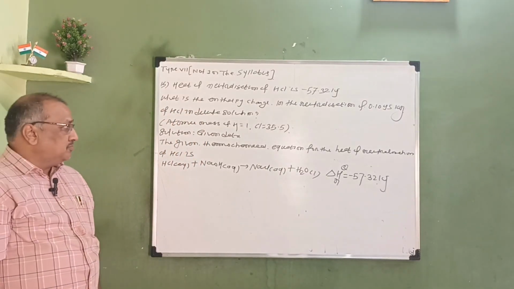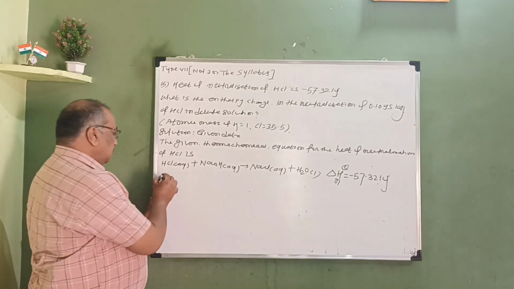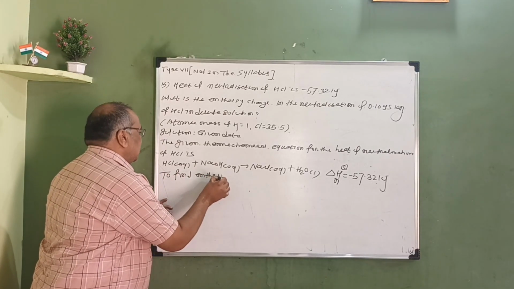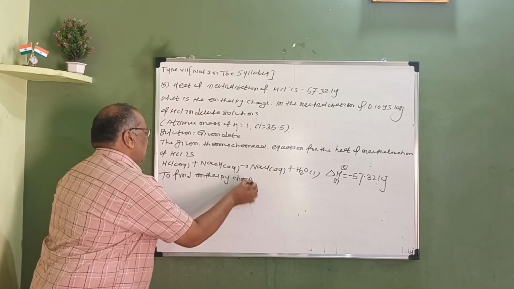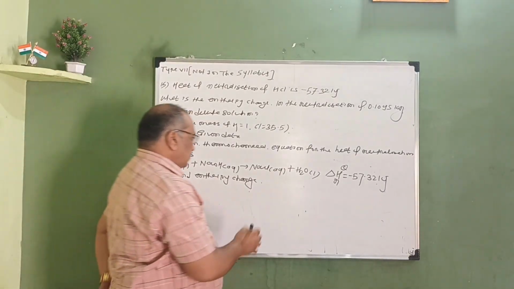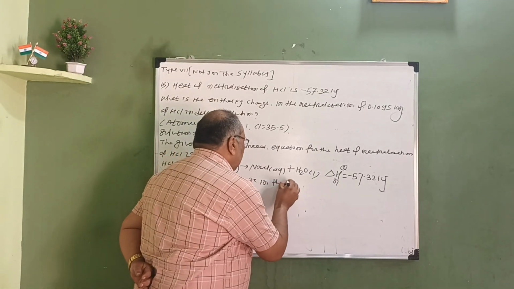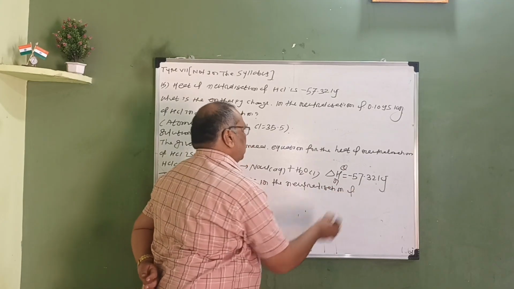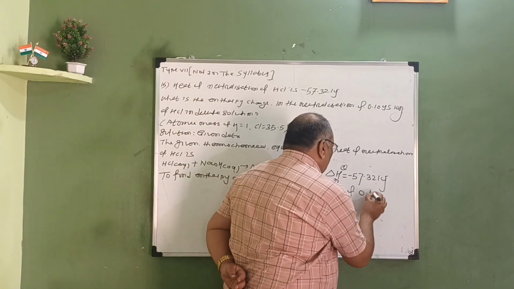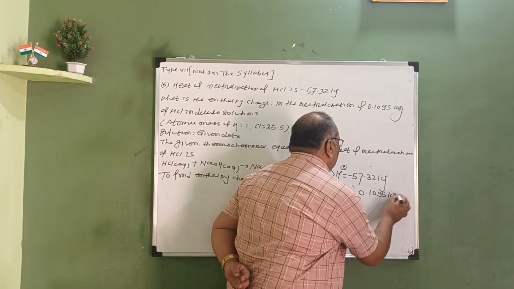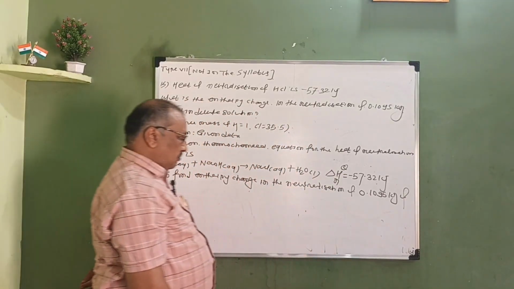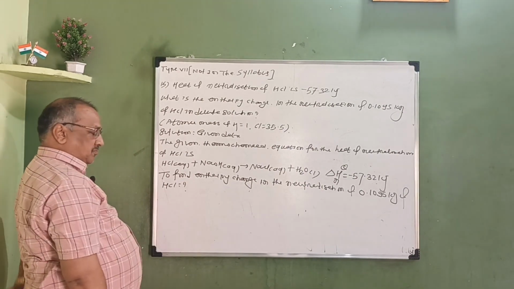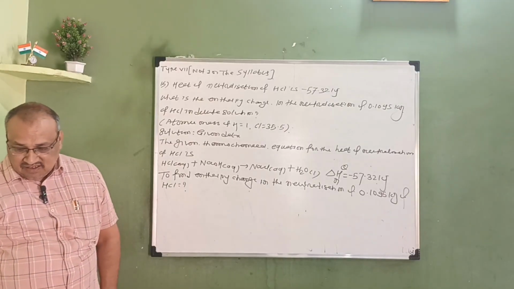Now we are to find enthalpy change in the neutralization of 0.1095 kilogram of HCl. Now let us apply the definition.